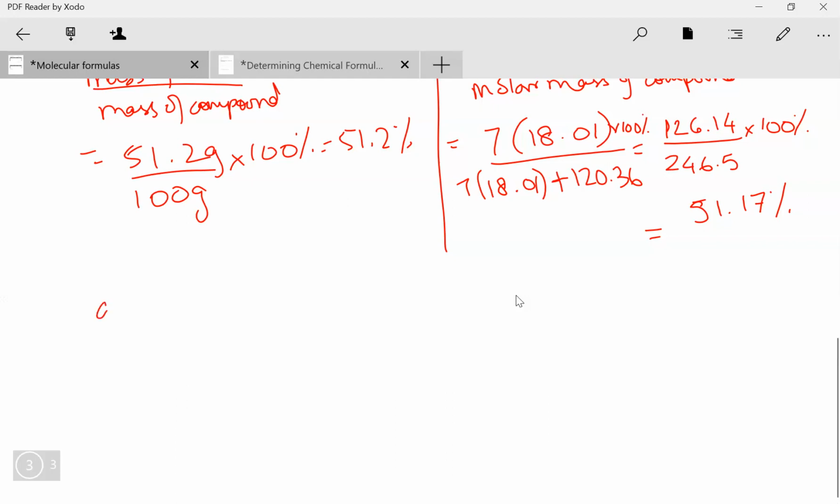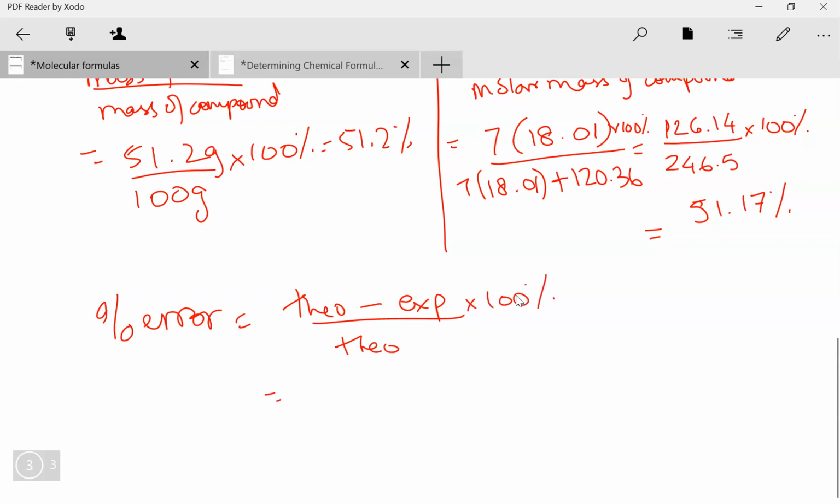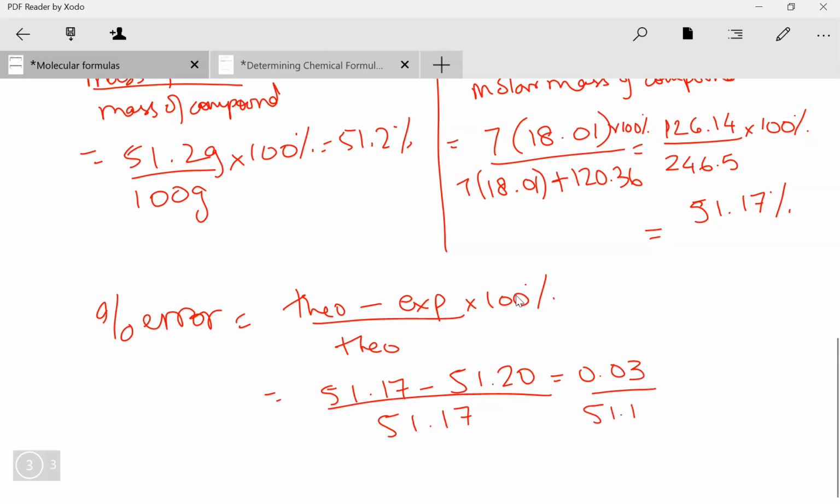Because now we can use that to calculate our percent error, which is theoretical minus experimental divided by theoretical times 100%. Theoretical was 51.17 minus 51.20 divided by 51.17, so 0.03 divided by 51.17 times 100%, which is a very small percent error.